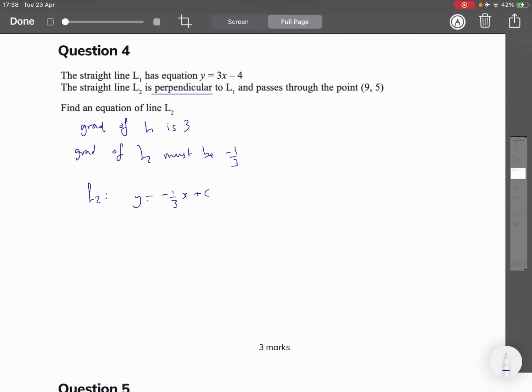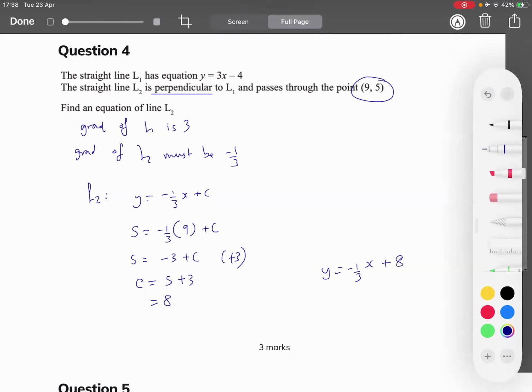Then, to work out the y-intercept c, we sub in a coordinate, for example, 9 and 5. So 5 equals minus a third times 9 plus c, simplified down to 5 equals minus 3 plus c. So c equals 5 plus 3, which is 8. So the final answer is y equals minus a third x plus 8.